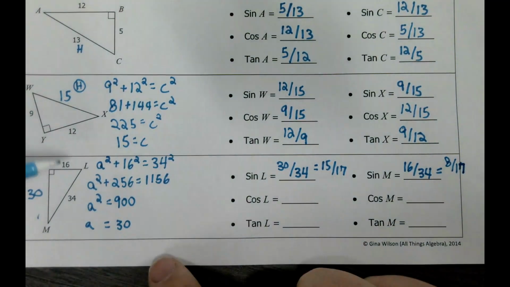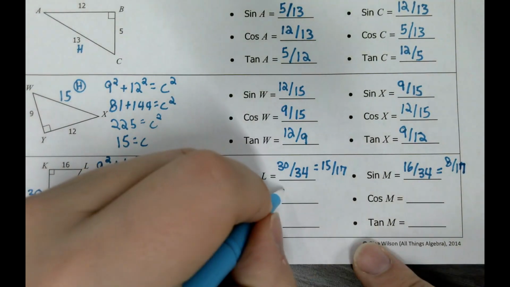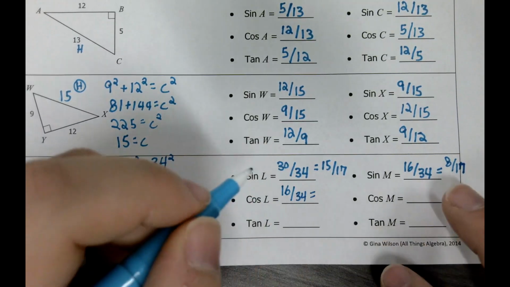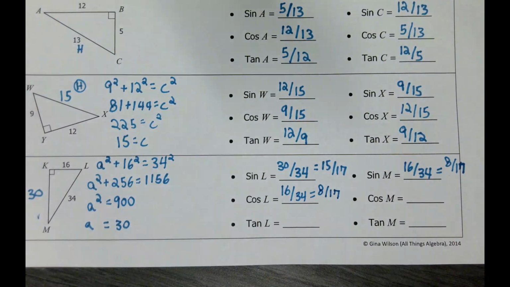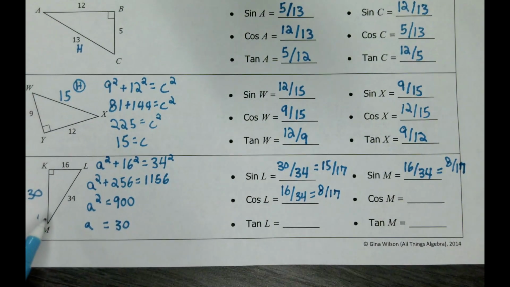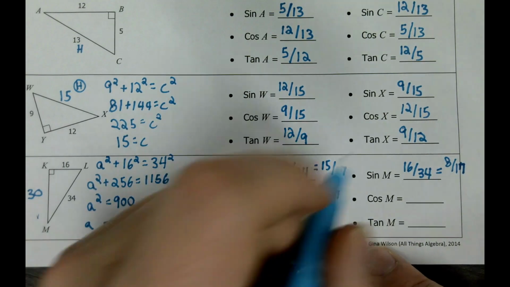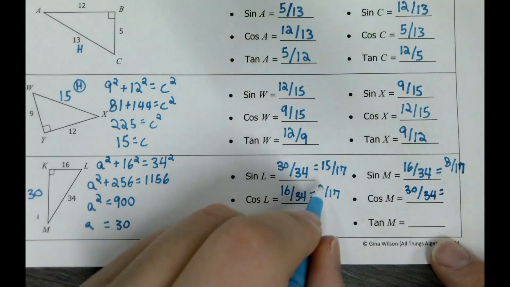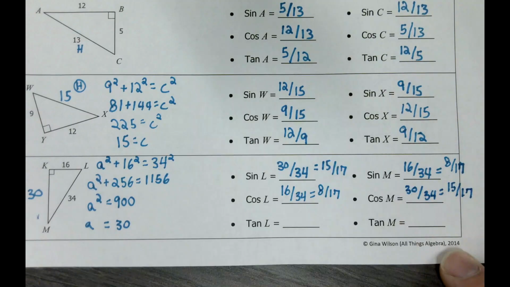If we switch over to cosine, adjacent to L now is 16 over 34, which is the same one we just got done with over here, which is 8 over 17 simplified. And cosine of M over here is going to be adjacent is 30 over 34, which again we know simplifies to 15 over 17.